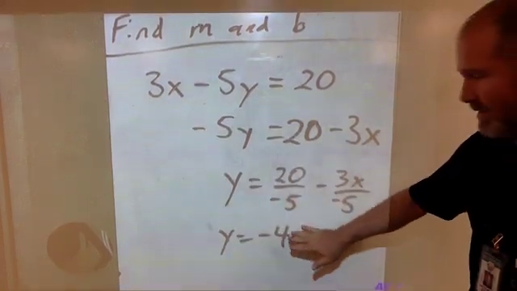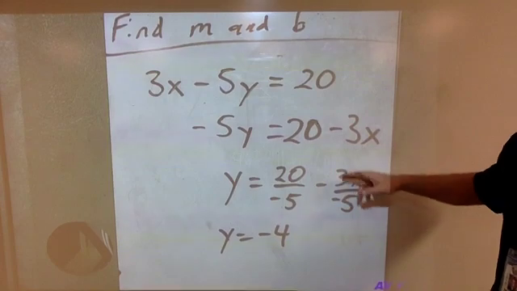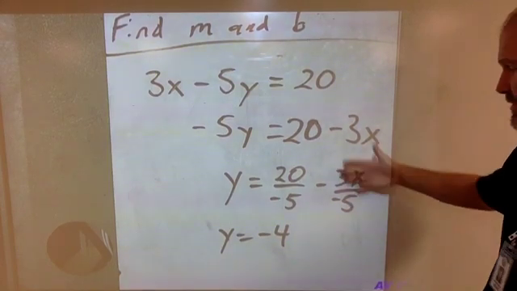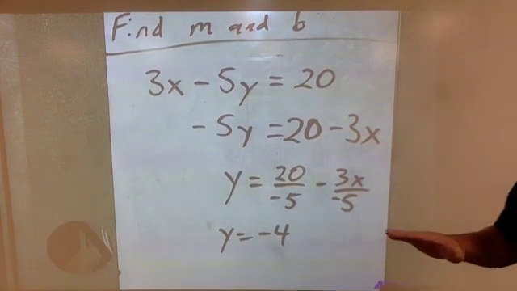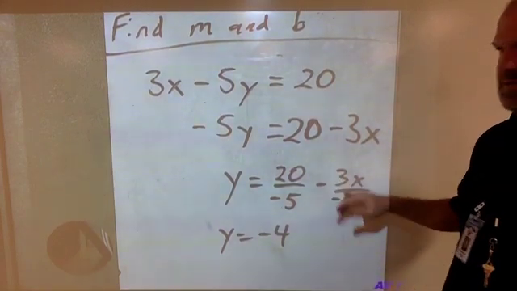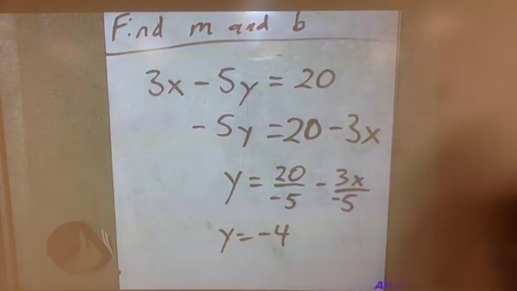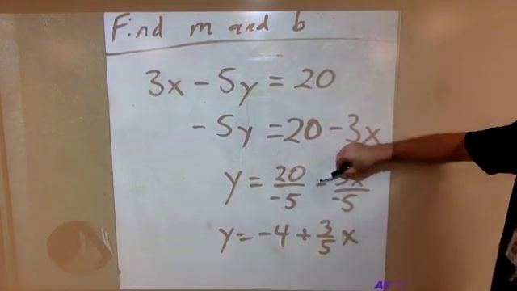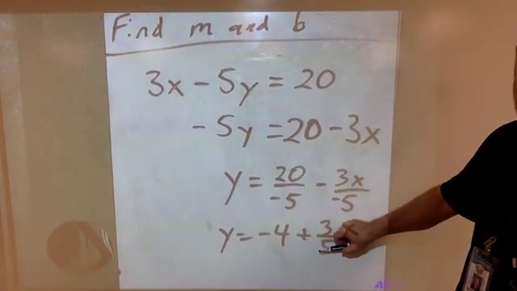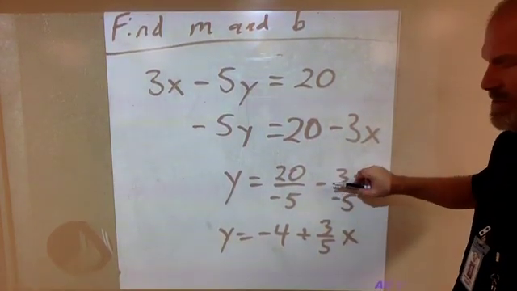You're fine. You know how to do that. If the denominator does not go into the numerator evenly, if you cannot reduce this or divide nicely, just leave it a fraction. Don't turn this into 0.6. However, your fraction should be plus 3/5 x, because a negative divided by a negative makes a positive. All right, that's the tricky part here.